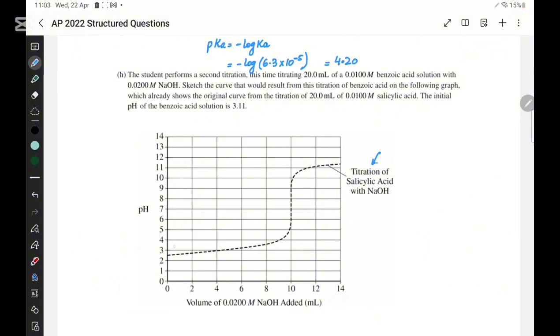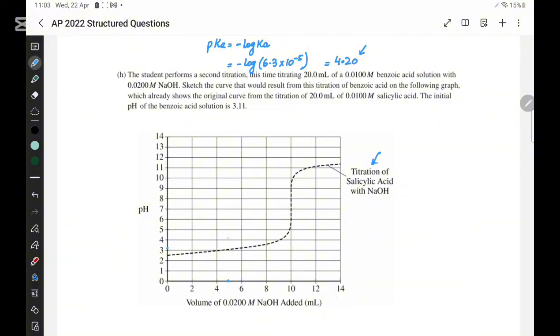When we have to draw the graph, first thing is that they have given the pH of benzoic acid is 3.1. And now, if we want to choose the half equivalence point, we know half equivalence point is at this point. And what is going to be the value of pKa? That is 4.20 that we have found already.